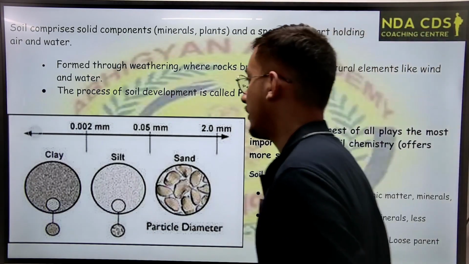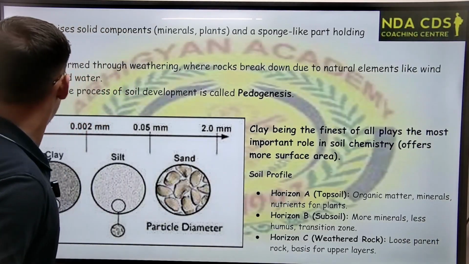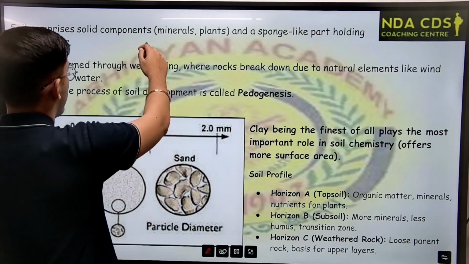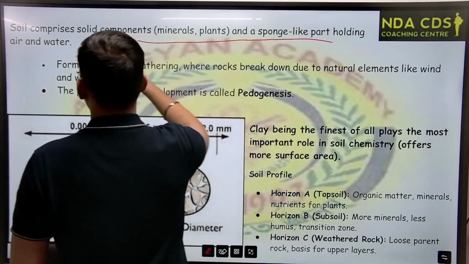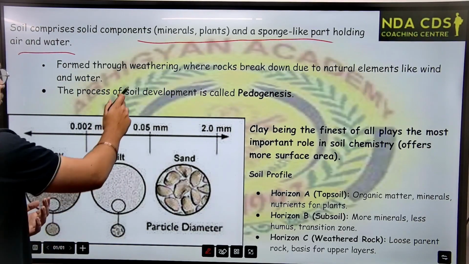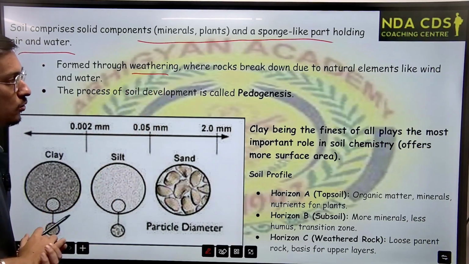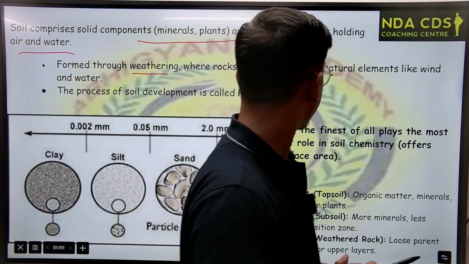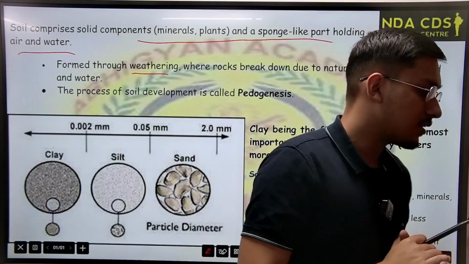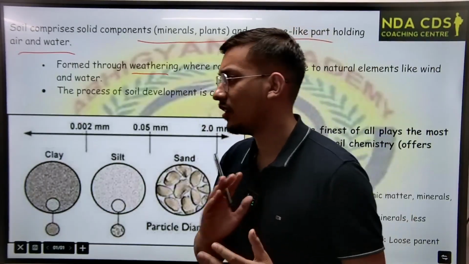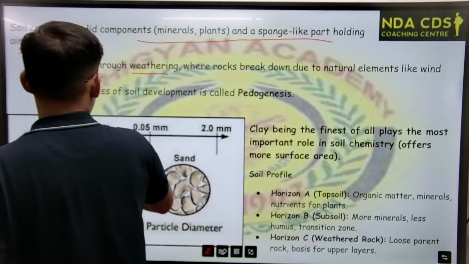Firstly, soil comprises solid components, minerals and plants, and a sponge-like part holding air and water. Soil is formed through weathering. What is weathering? Weathering is the breaking down of rocks due to natural factors such as wind, erosion, rainfall, and other factors.